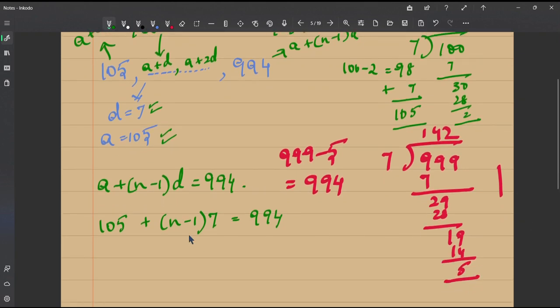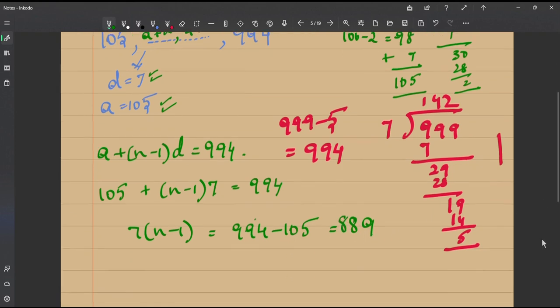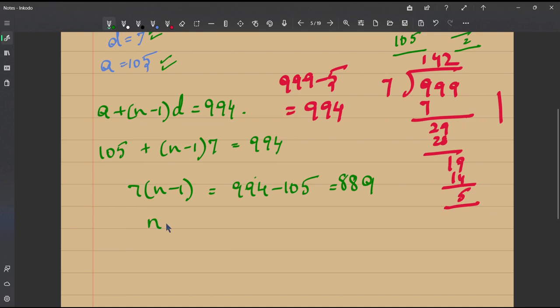So what do we have? 7 into (n minus 1) is equal to 994 minus 105. What is 994 minus 105? 14 minus 5, 9. 8 minus 0, 8. And 9 minus 1, it is 8. So 889. Now let us divide both sides of the equation by 7.